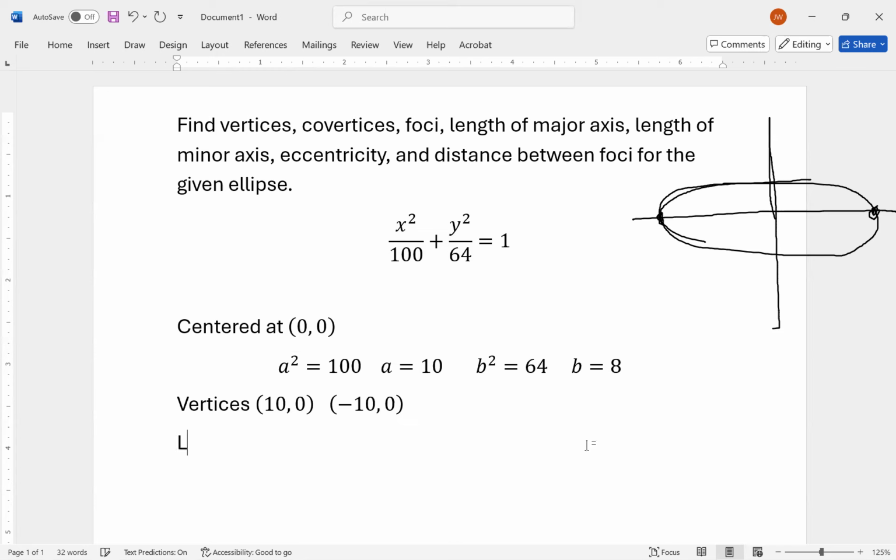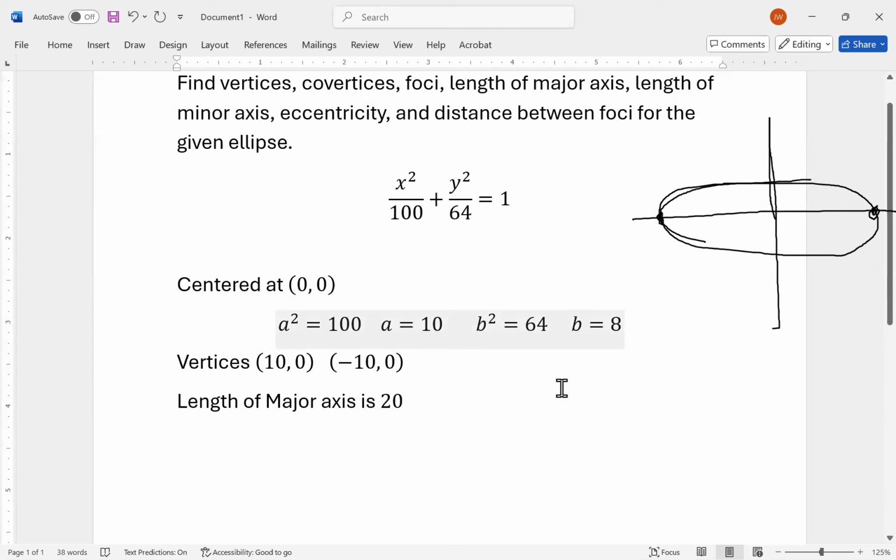The length of the major axis is 20. That's double what a is. Again, we're moving left and right, pretty straightforward to see. And then my co-vertices are going to be at the ends on the y-axis where the ellipse hits the y-axis. So my co-vertices are at 0, 8 and 0, -8.